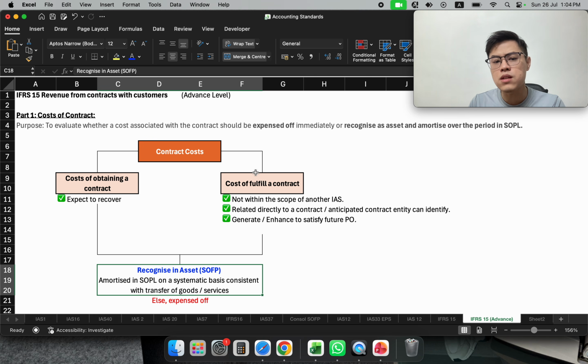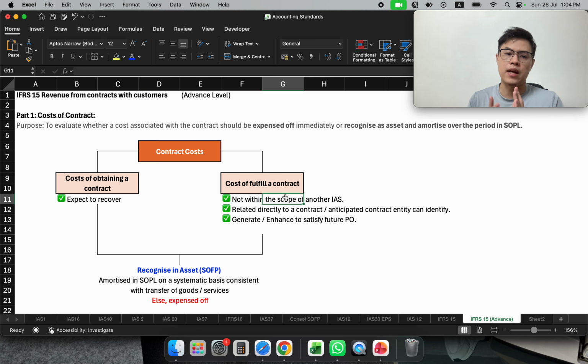Or certain costs that you spend during the project, the cost of fulfilling a contract, for example in this particular case, normally we can link to contract modifications. Maybe you spend certain money because of a customer's additional request, and this money you are going to recharge back to the customer, and it is not within the scope of another accounting standard.